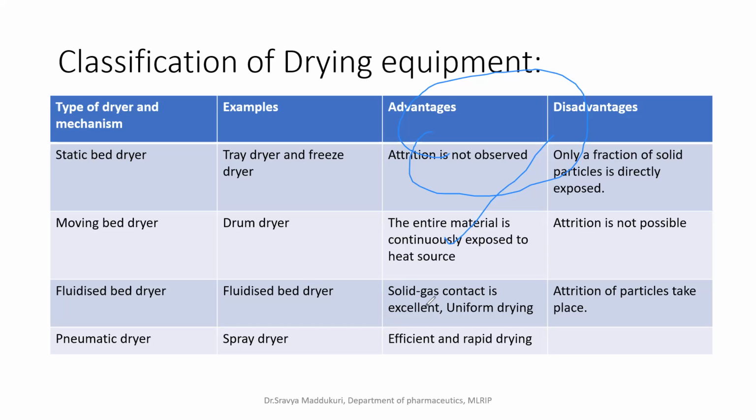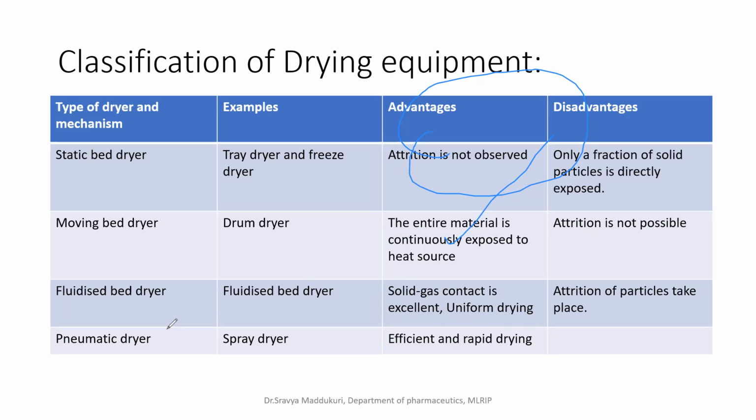Advantages for this is solid gas contact is excellent. When all your particles are suspended in this kind of air, each and every individual particle is exposed to air. So solid gas contact is excellent. Uniform drying happens. It is one of the best equipments available in any chapter, if you see, fluidized bed dryer or fluid energy mill.